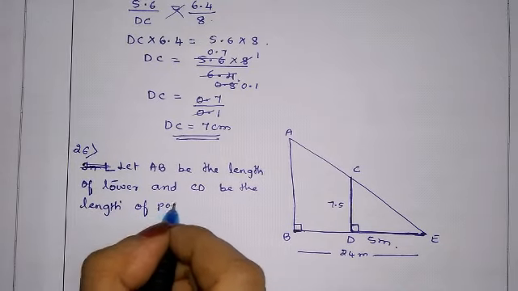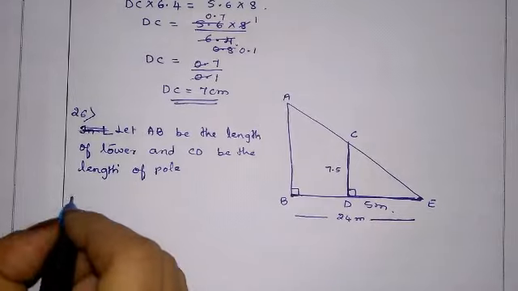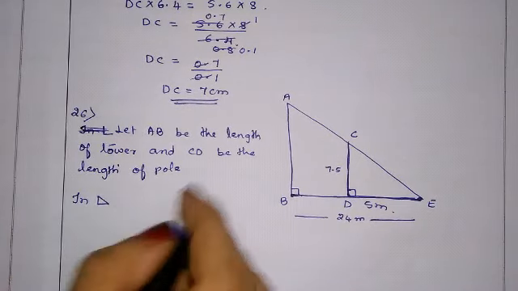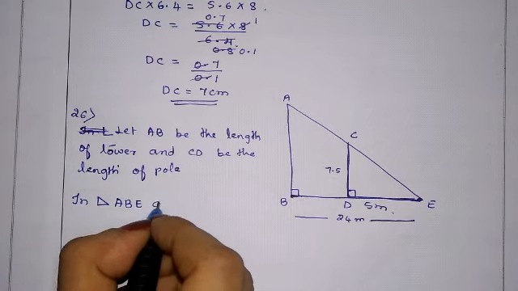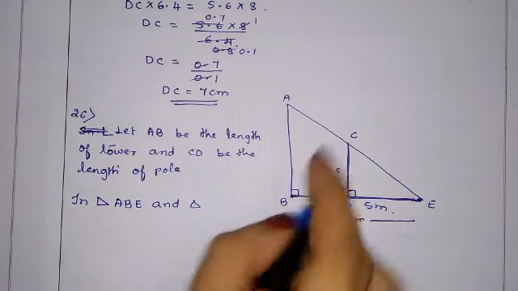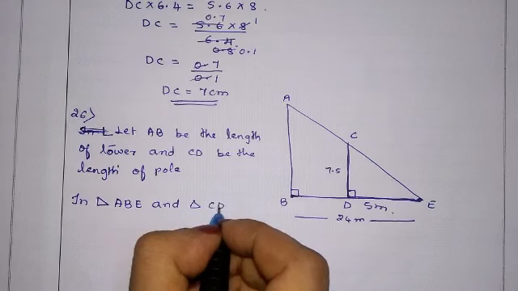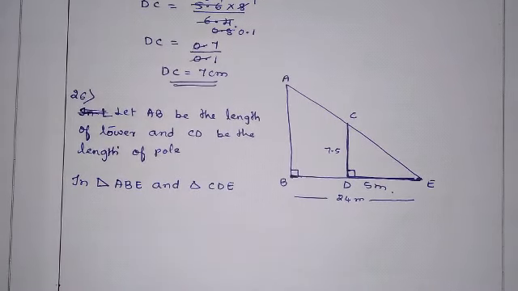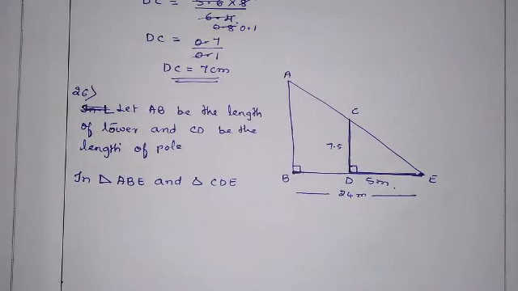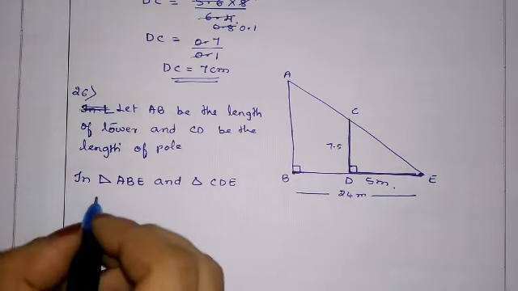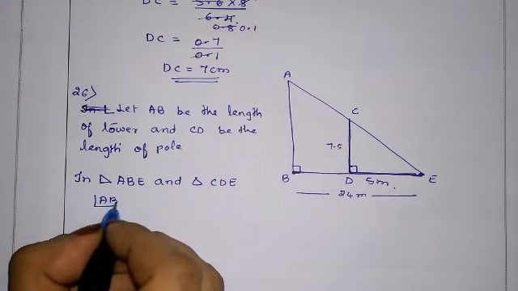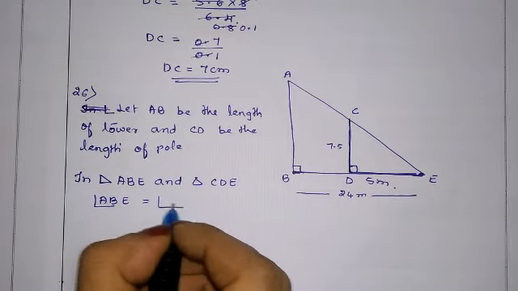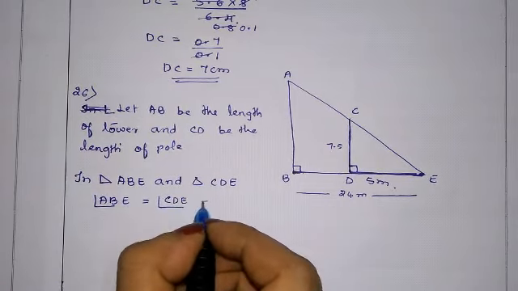Now let us take triangle ABE and triangle CDE. We don't know whether these triangles are similar or not. So let us take angle ABE is equal to angle CDE. Both are 90 degrees.